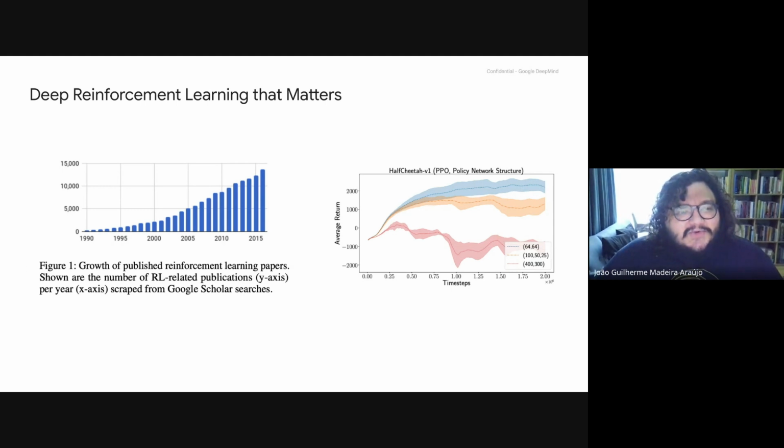So the paper starts by showing the growth of publications in RL, especially until like 2015. And they say, okay, we're doing a lot of research in this area, but what is that research concretely?